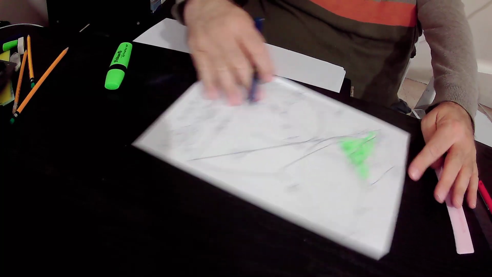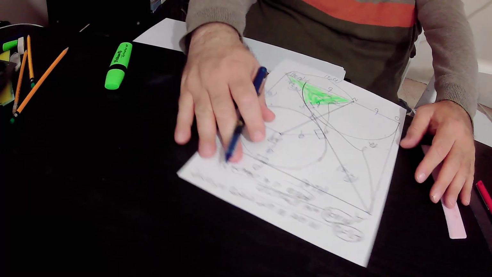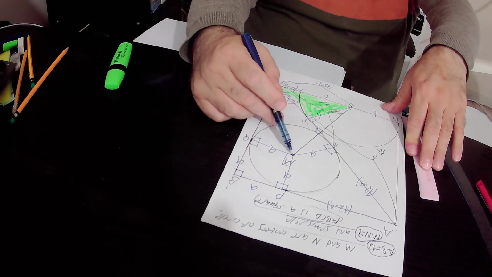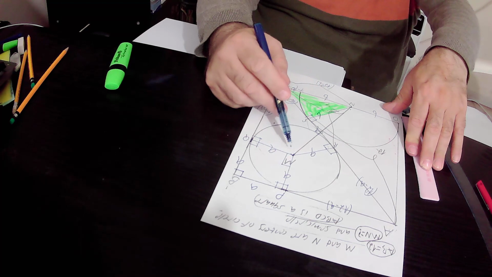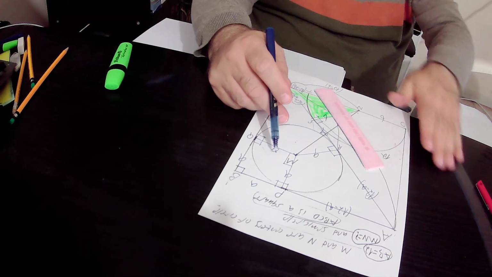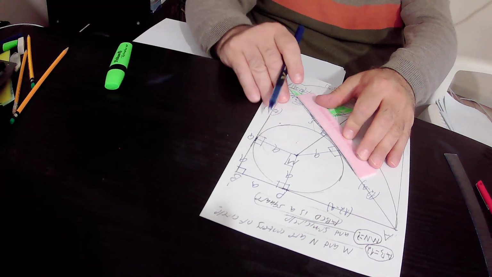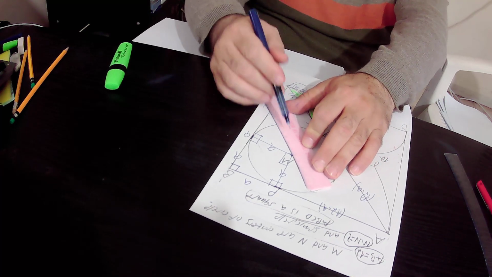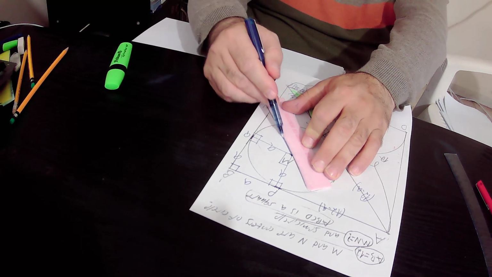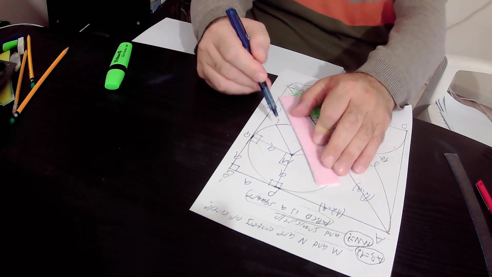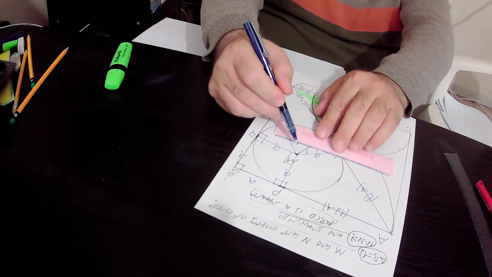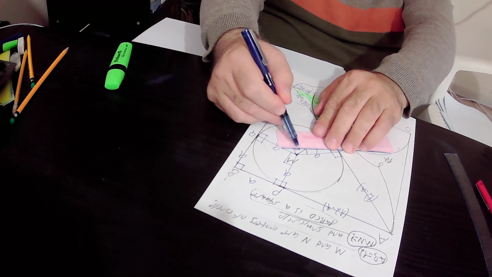In the next step, we will do a construction from point M. We will draw a perpendicular on RM. So here, from point M, we will draw a perpendicular on RM. So this angle will be equal to 90 degrees, according to our construction.